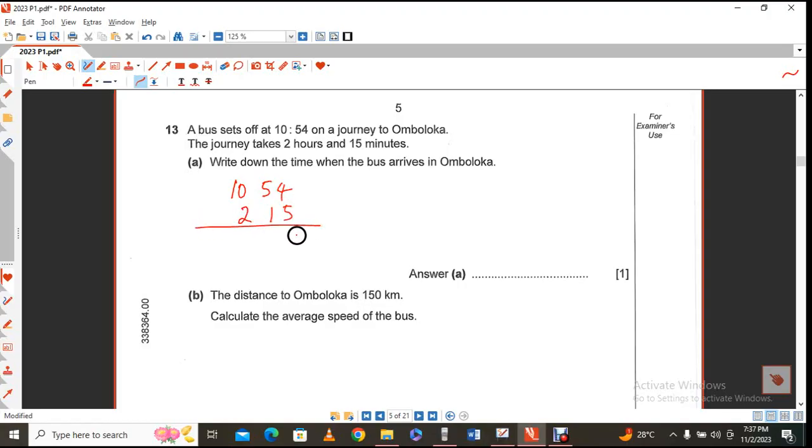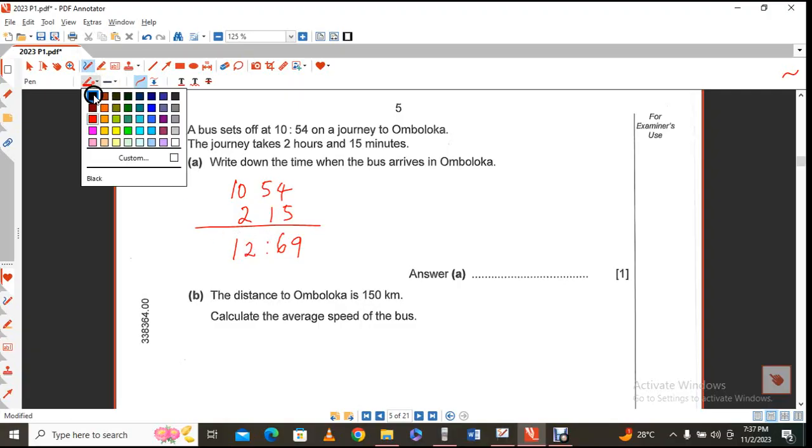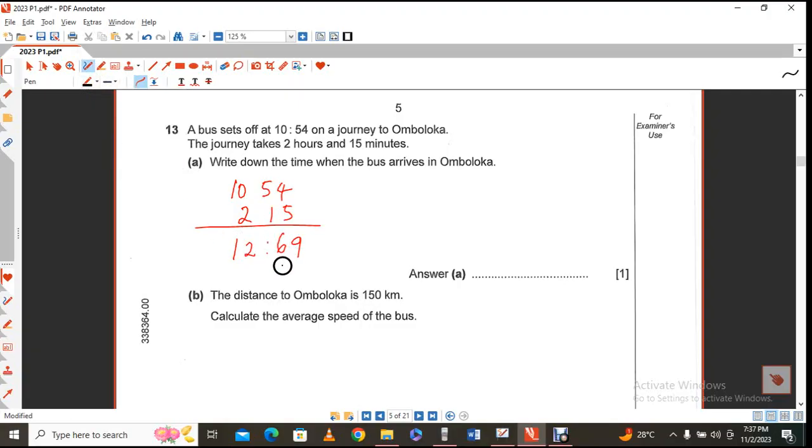Let me add. So that is 9, that is 6, that is 12:69. But we don't talk about 12:69 in terms of time. This is already more than an hour, so I need to remove that hour, and add 1 hour to 12, that is 13, and of course 09. So the answer here is 1309.